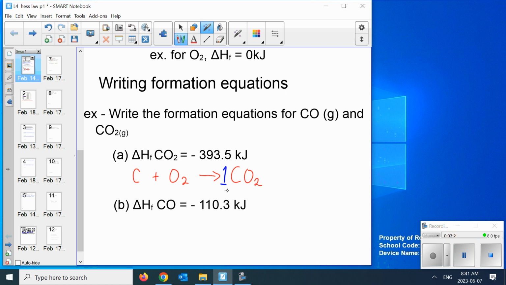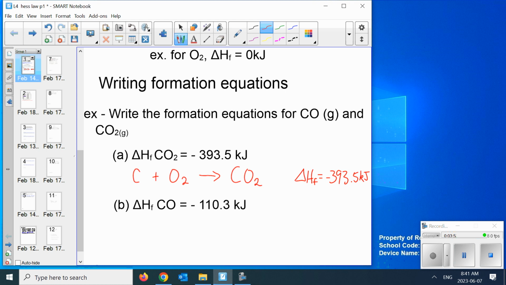This first one didn't require anything, so we're just going to write the delta H down beside it, rewriting the information here. That's how many kilojoules are released forming a mole of CO2, for that particular reaction.